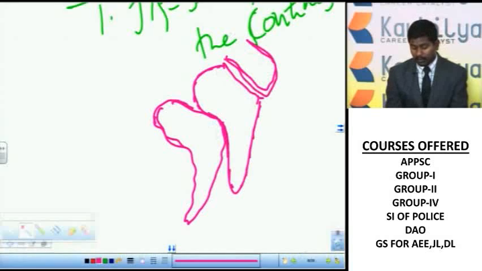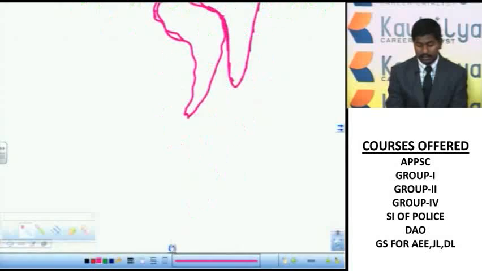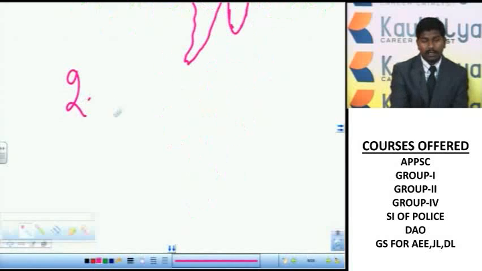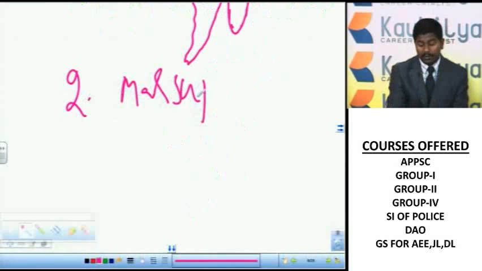And later he gave one more evidence in support of his theory, that is the presence of the fossils of marsupials.